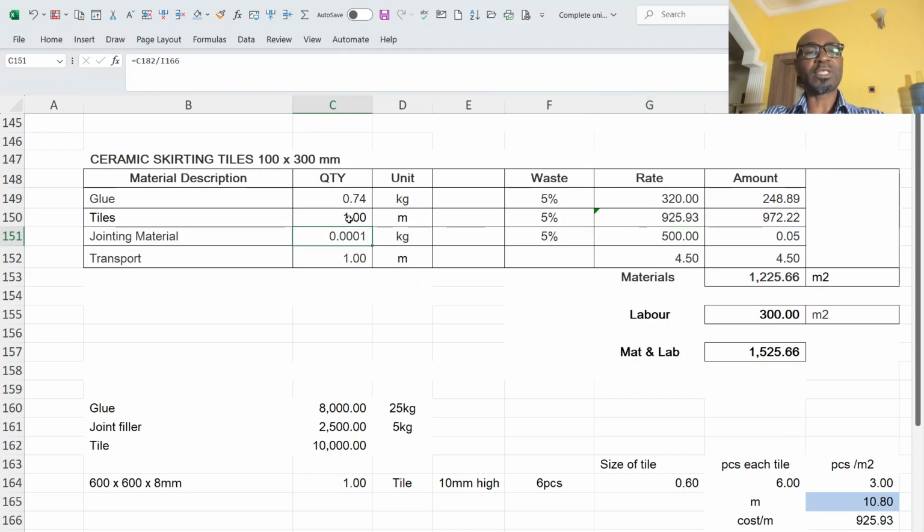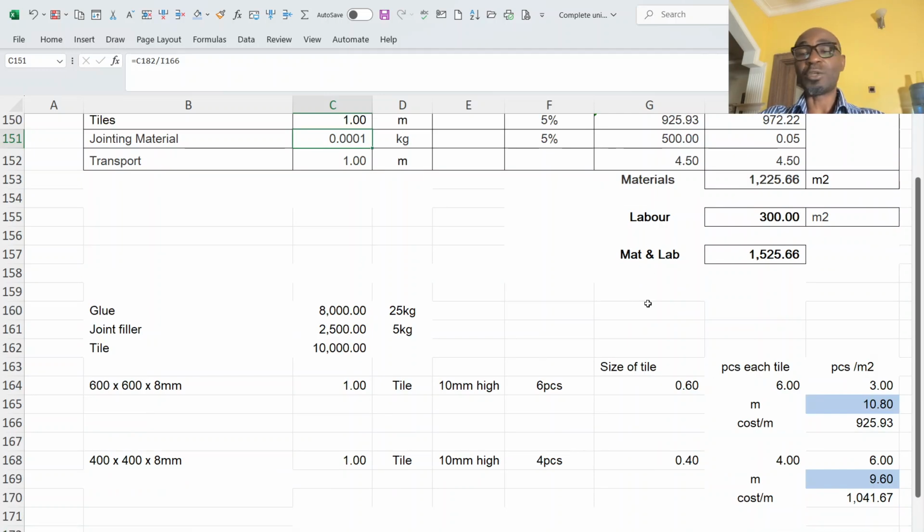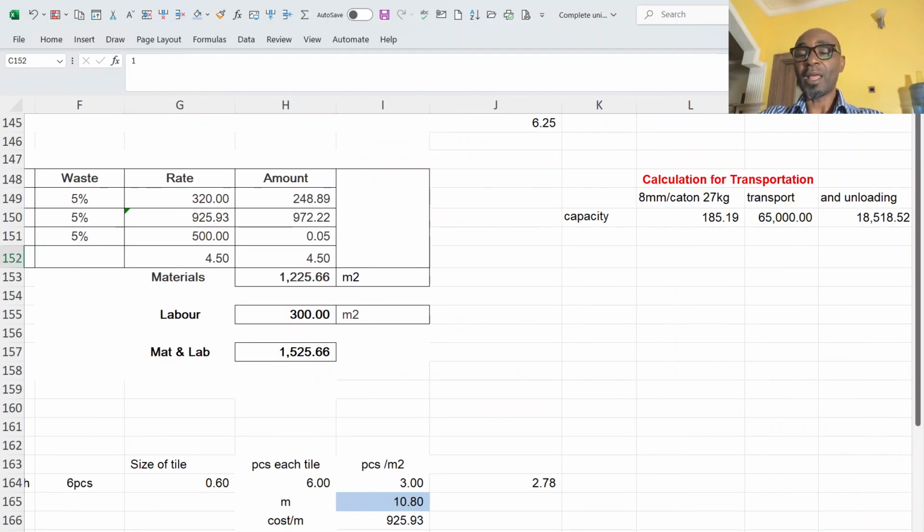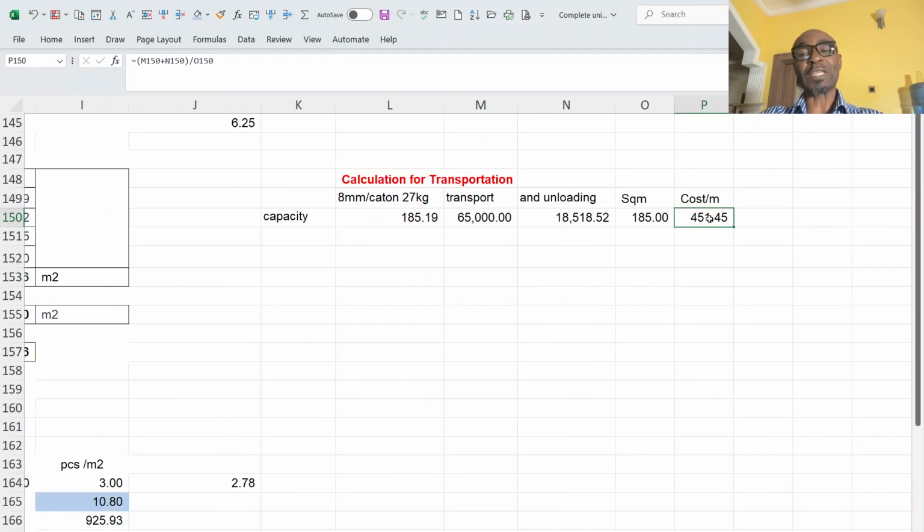Then the same joint, the same kilogram I needed for 1 square meter of tiles, I applied the same thing by dividing that coverage by the total length, to give me what the kg is. And transportation, of course, I have my cost per square meter of tiles here.